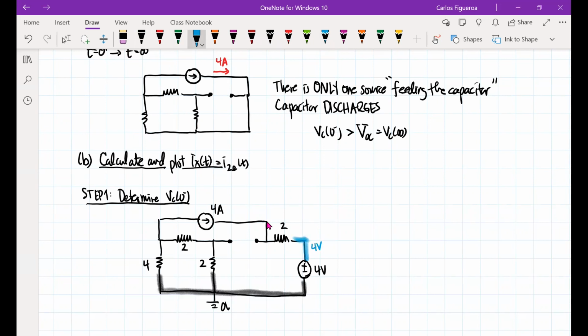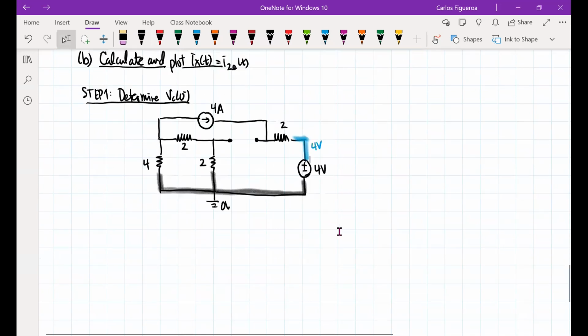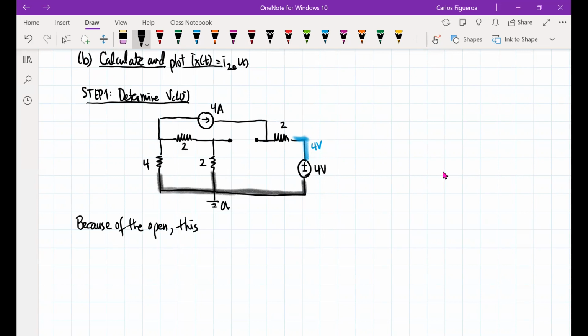Now what I'm going to look at is that 4 amp source here. If I look at that thing, we could say that because of the open, this becomes a series circuit.